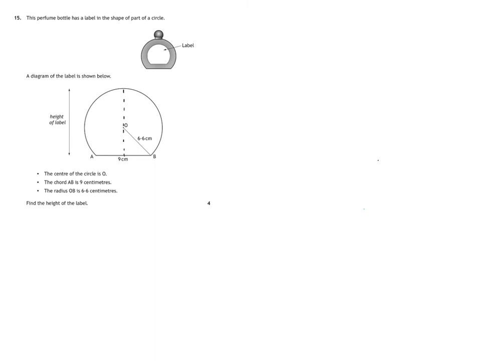So O to B, that point there, is going to be another radius of our circle. So that's going to be 6.6 centimeters, and then we have some unknown value there. So if we can draw that out again as a triangle, it makes it a little bit more obvious what we're going to do. So that's 6.6, we could have a right angle there. The bottom is going to be 4.5, and we can use Pythagoras to find our third side.